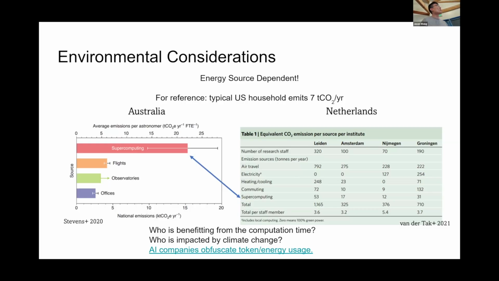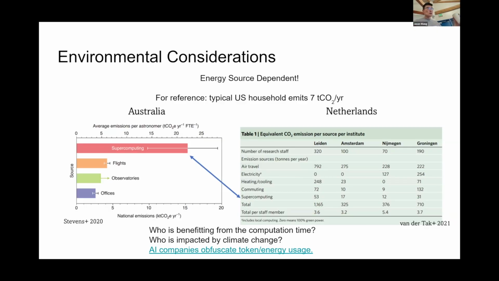Australia has a large number of coal power plants, whereas the Netherlands has mainly been using things like geothermal and other low carbon emission power to power their local supercomputers. So what kinds of power are being used also affects the CO2 footprint.